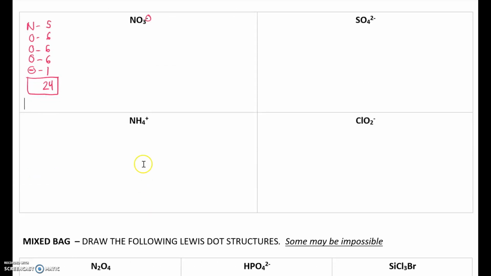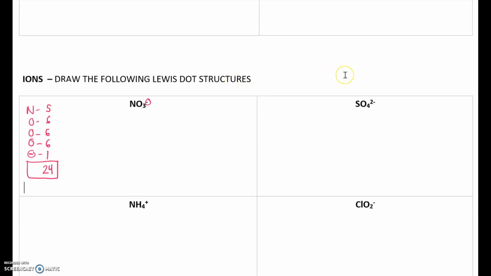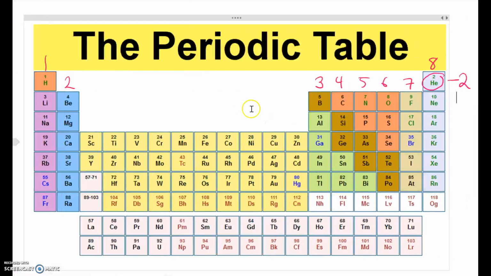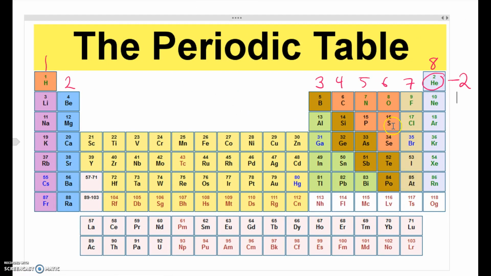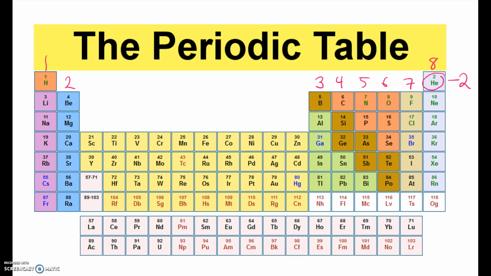Now let's do this one right here, SO4 2-. So I look up S, and there's 4 oxygens, so let's see how many valence electrons those have. There's going to be sulfur and oxygen. They all have 6.